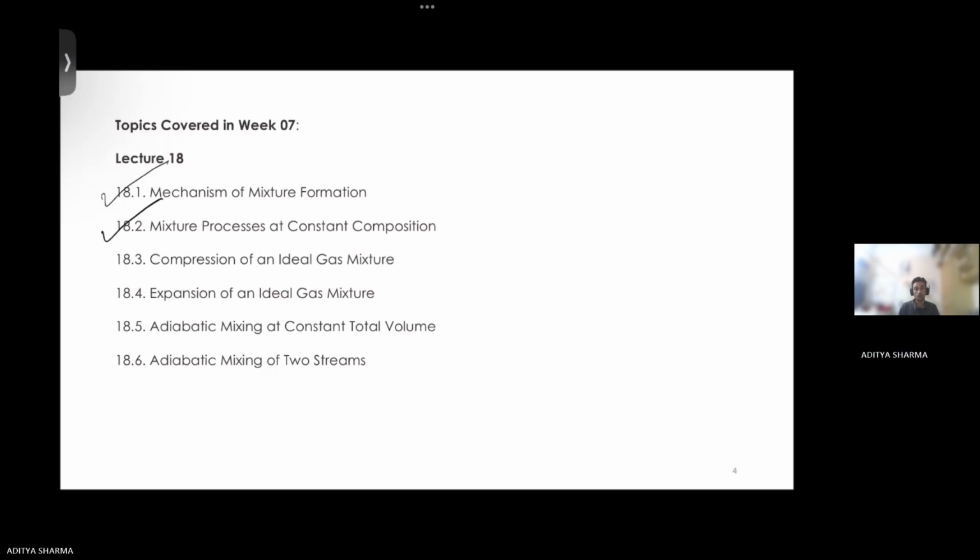Okay. So for such cases, how do we calculate the internal energy changes, enthalpy changes, and the entropy changes? So expressions for this have been given under this heading.